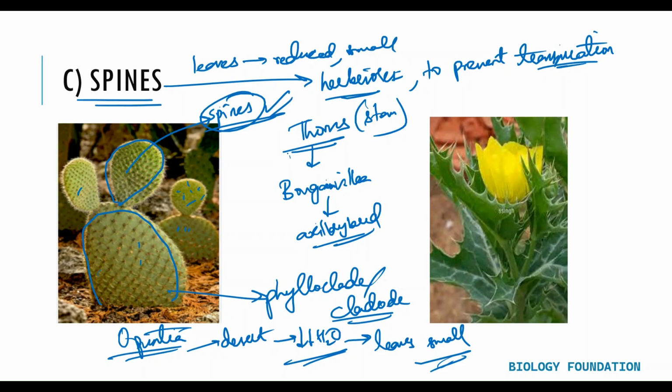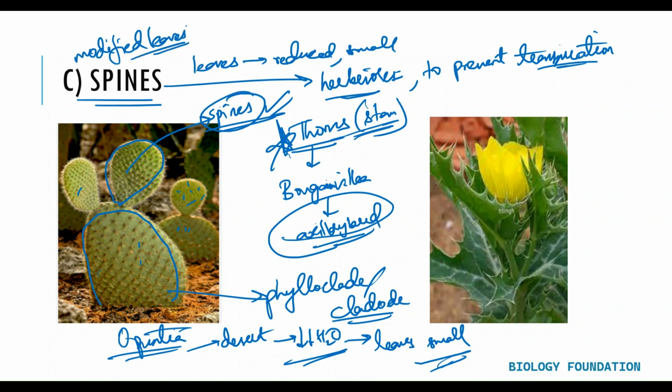Thorns are completely different. Thorns are also modifications which help in preventing water loss or protecting the plant from herbivores, but thorns are modifications of the stem or modified axillary buds. But spines are modified leaves. Here, the leaf itself becomes spines.